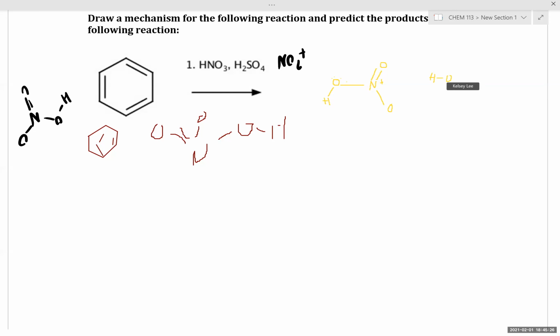And you may want to draw out sulfuric acid in full. Let me take a look. A student has shared their mechanism.